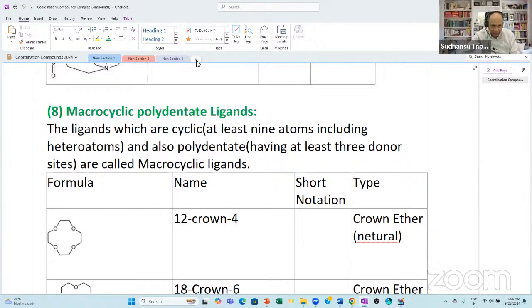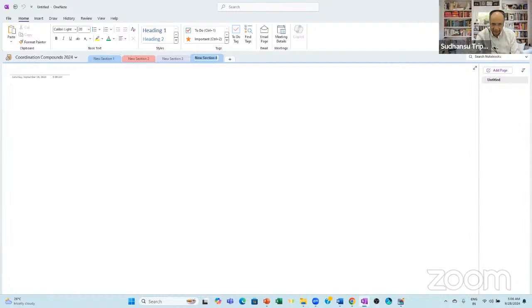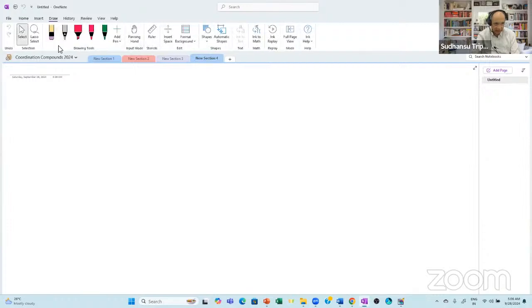Let me open a blank page for today. You know, supposing cobalt 3 plus is coordinated with ethylene diamine EN or any bidentate ligand or polydentate ligand, it forms a cyclic ring.